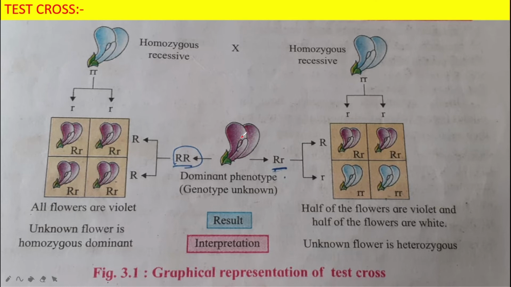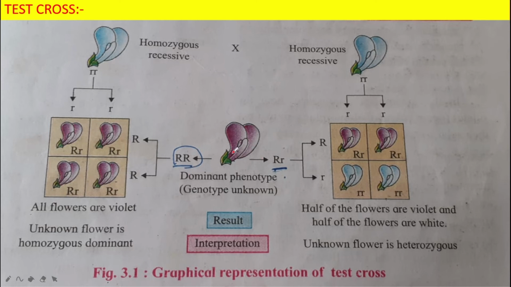So in test cross, the crossing is always done with the recessive parent. If purple color is dominant, naturally white color will be recessive. So the crossing is done between these two flowers. And if in the F1 generation we get all the progeny of the same, dominant color, then we can easily identify the genotypic nature.